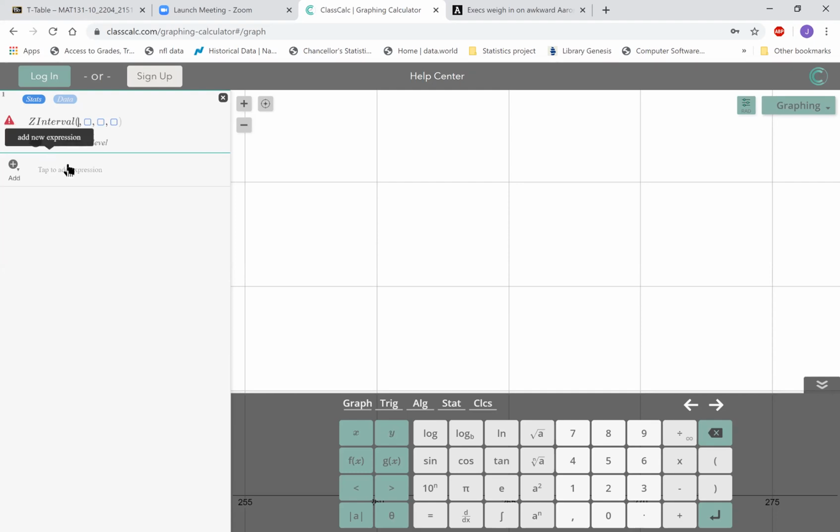In this problem, what was standard deviation equal to? 1.5. Perfect, 1.5. Then you want to put what x bar is equal to. X bar is equal to 23. Then you want to put what n is equal to. N is equal to 16.